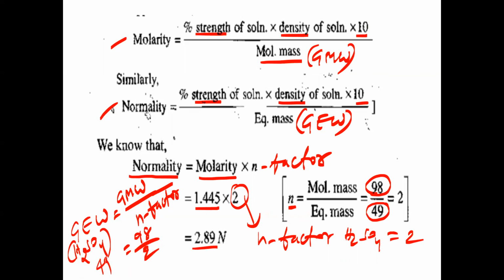So 49 grams is called gram equivalent weight. So the n factor is the ratio of gram molecular weight to gram equivalent weight. Like this we can calculate molarity and normality.